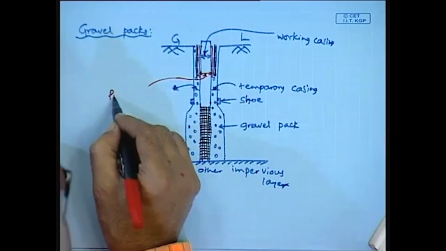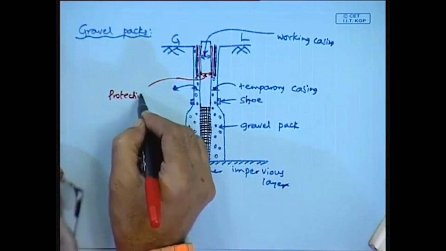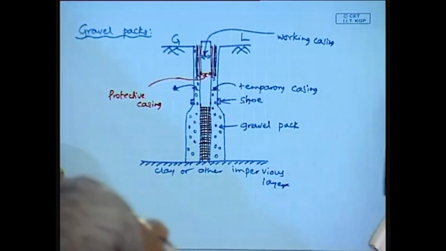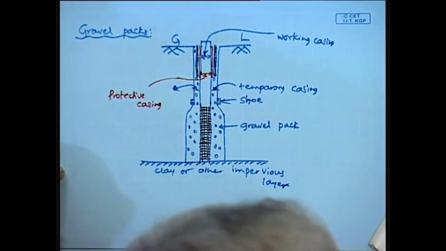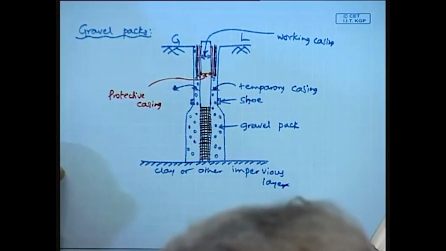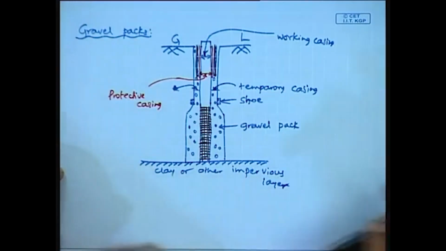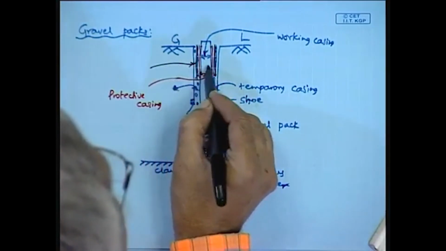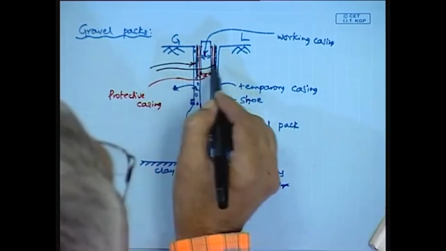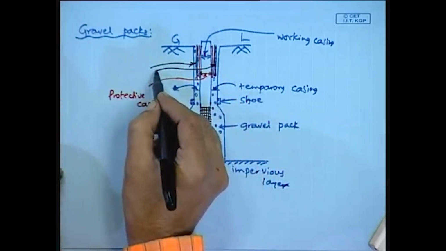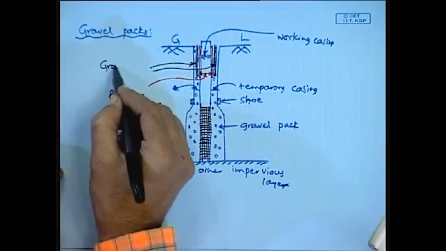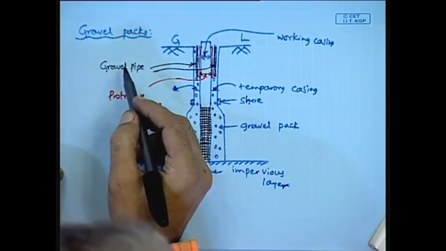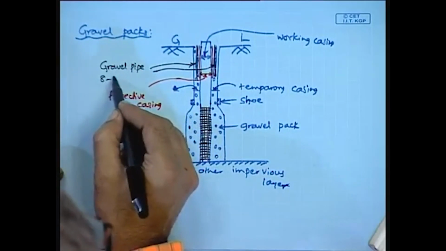I have just shown this with the red color, followed by this black one. So this is a gravel pipe, which is 8 to 10 centimeter.